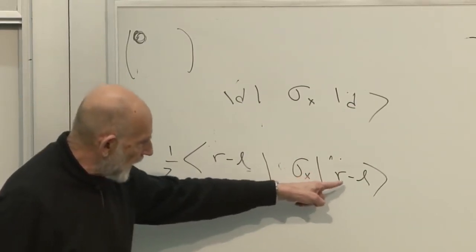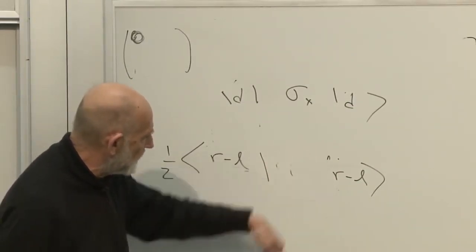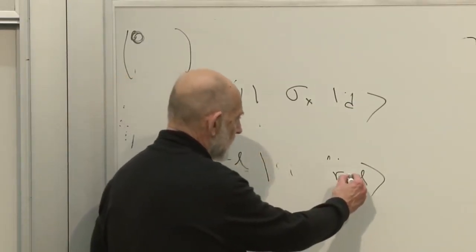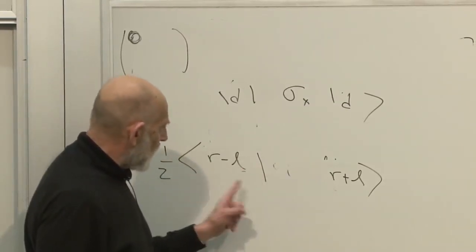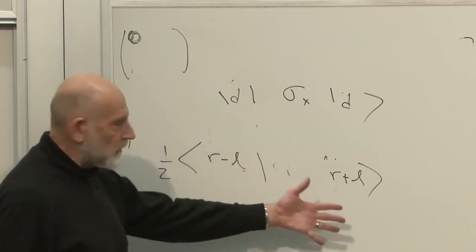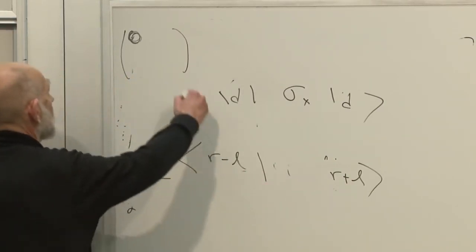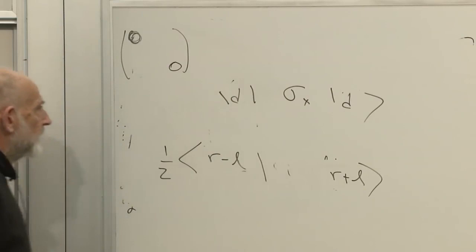So when sigma x acts, it takes right minus left to right plus left. And what's the inner product of right plus left with right minus left? 0 again. Right with right is 1, left with left is -1, and the cross terms are just 0. So there's a 0 over here.